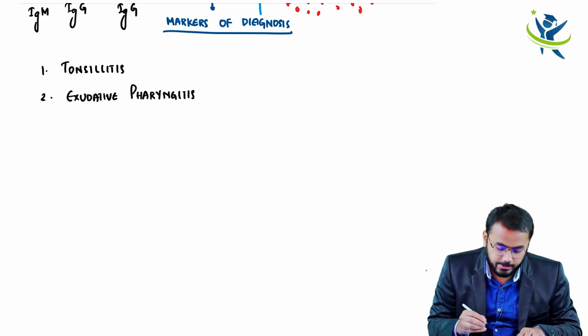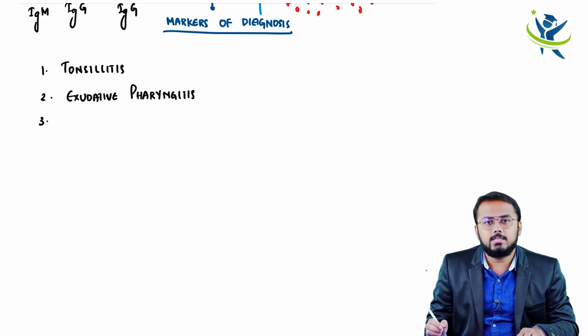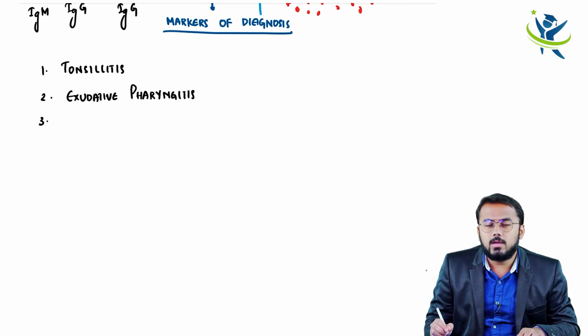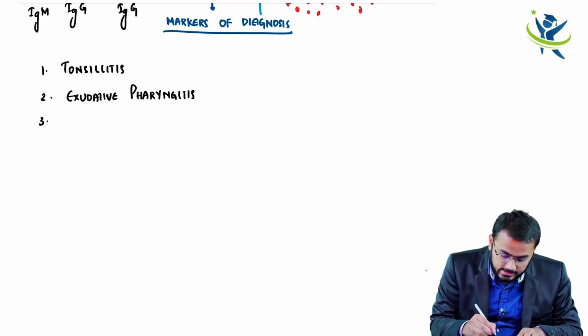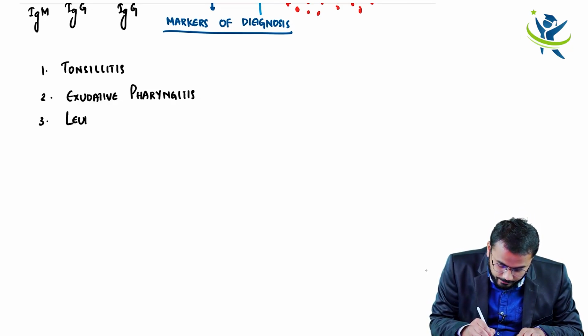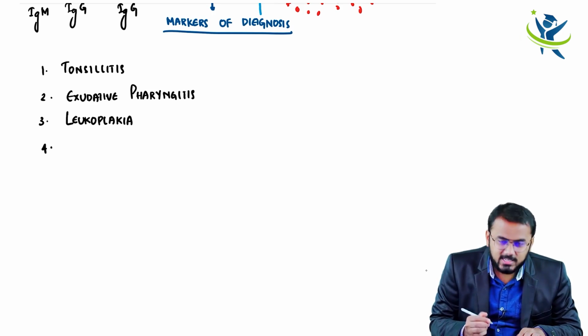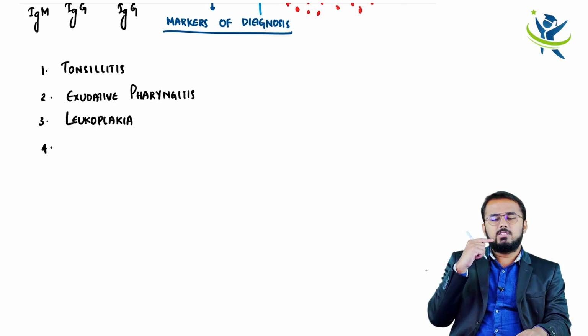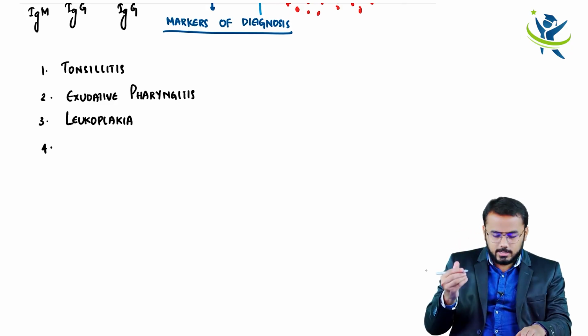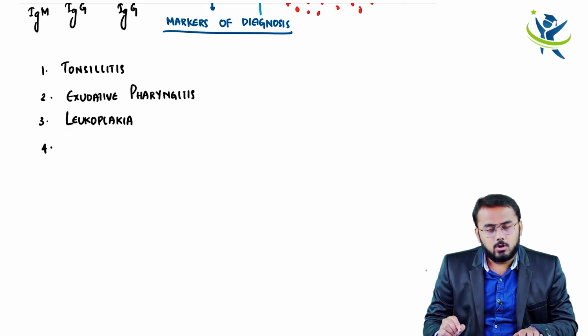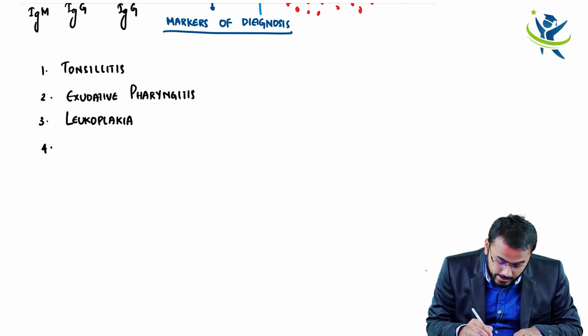Third important thing is that patient was also having problems with the tongue, that is called leukoplakia. You will see a whitish membrane that is formed on the tongue, right? Not only that, patient also gonna have hepatosplenomegaly.